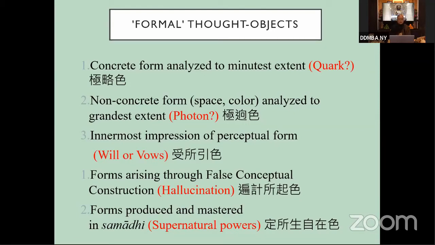And the second is called non-concrete form, analyzed to grandest extent. Non-concrete form means space and color. Okay, why can I see the space, why can I see the camera and me, there is a space in between. Why can I see yellow color, red color, green color? Because there is a very subtle elemental form that exists.